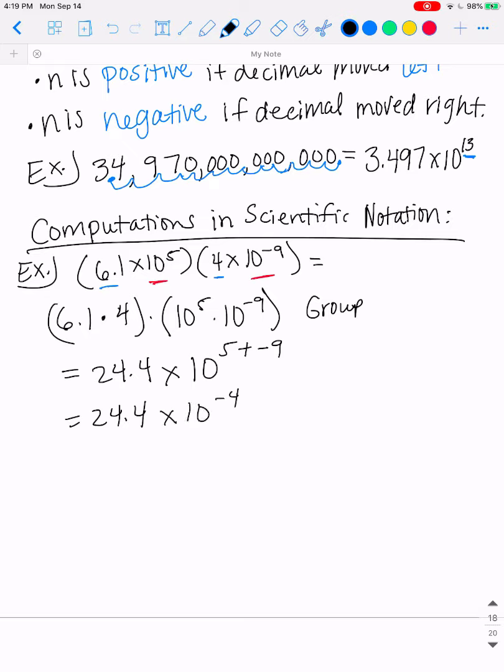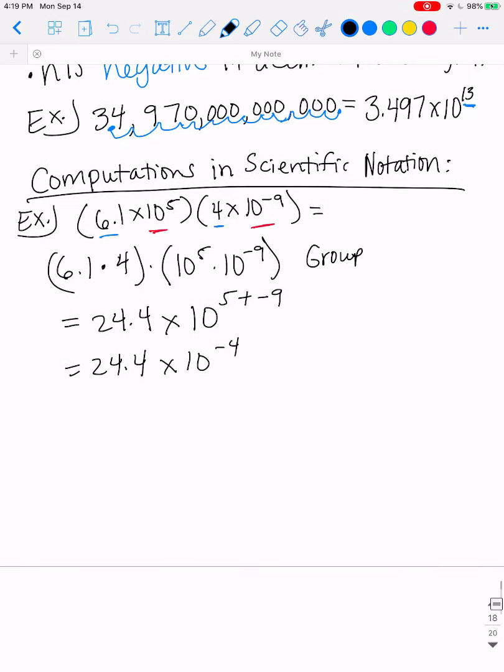Here, 24.4 isn't between 1 and 10. So I'm going to look at just the 24.4 and not worry about the 10 to the negative 4 right now. 24.4 is equal to 2.44 times 10 to the first, because if I move the decimal one place to the left, it's going to be positive 1.